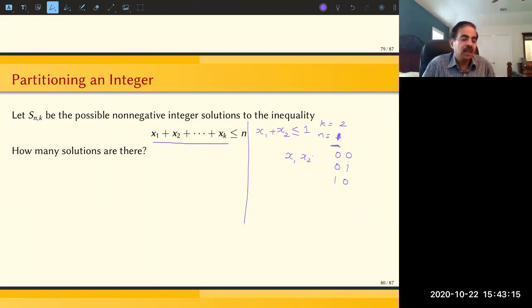How many ways can you split an integer into k pieces such that the k pieces add up to something less than or equal to n? So how could we count? How could we measure this? How could we figure this out?